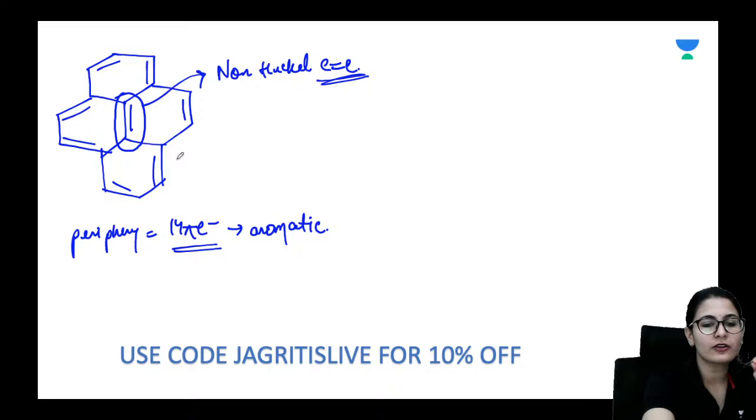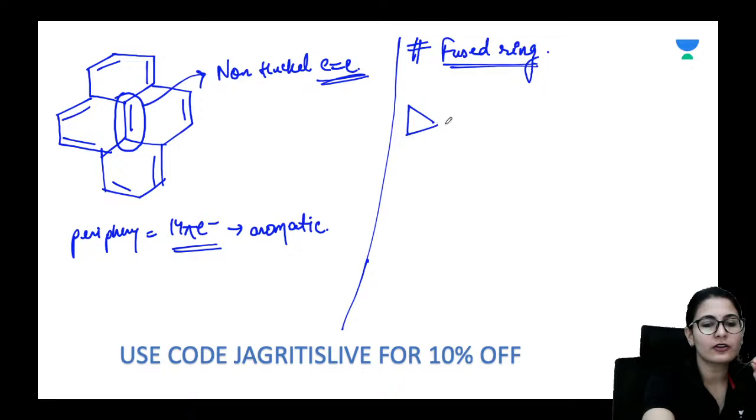Now let's talk about another kind of system which has fused rings, but not exactly fused like the polycyclic aromatic compounds. Now look at these molecules in this way, fused rings. But how is it fused?